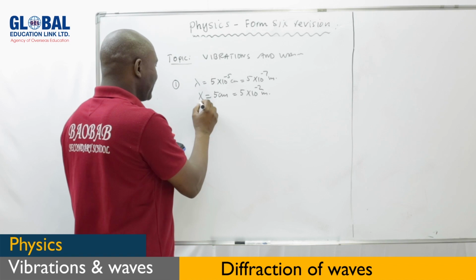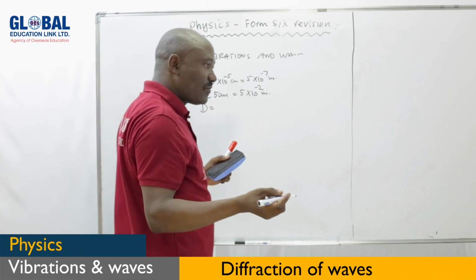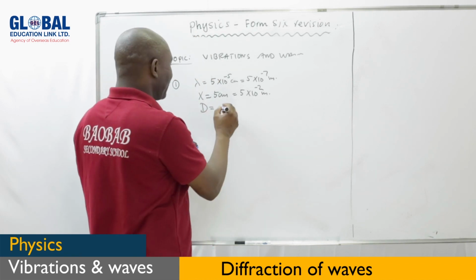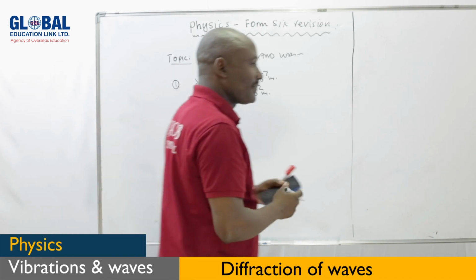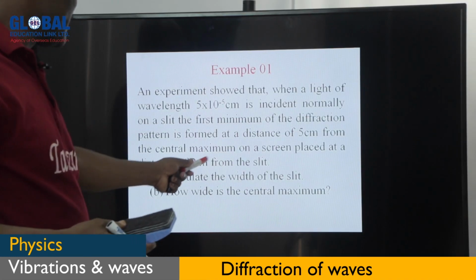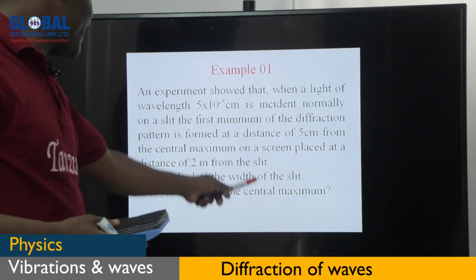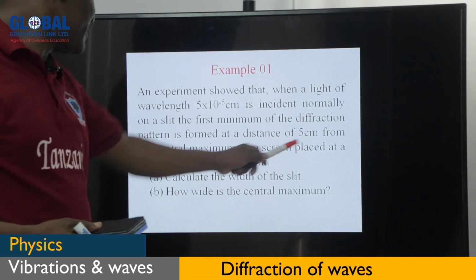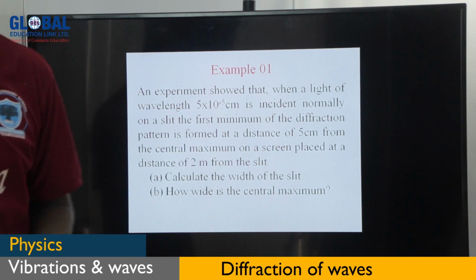The screen is at a distance of 2 meter from the slit, and this 5 centimeter is from the central maximum on the screen.